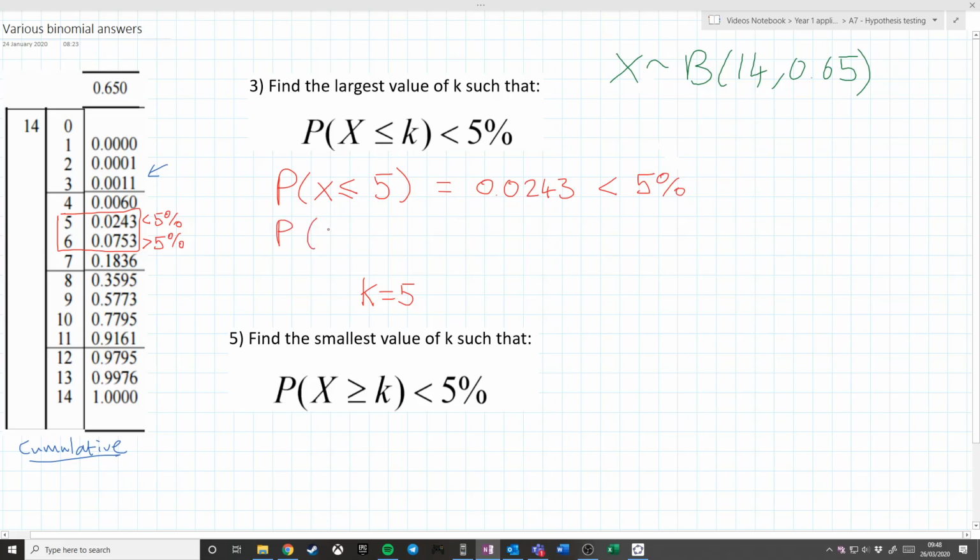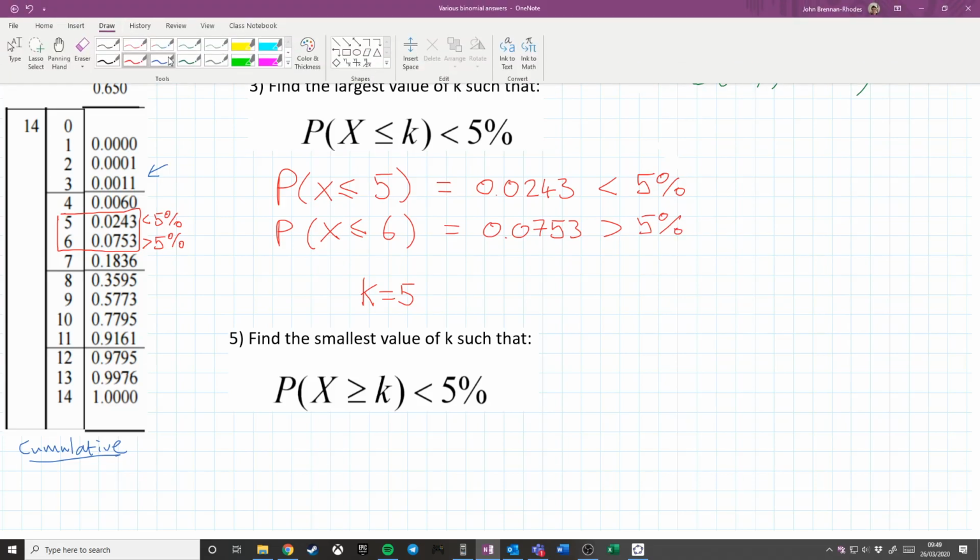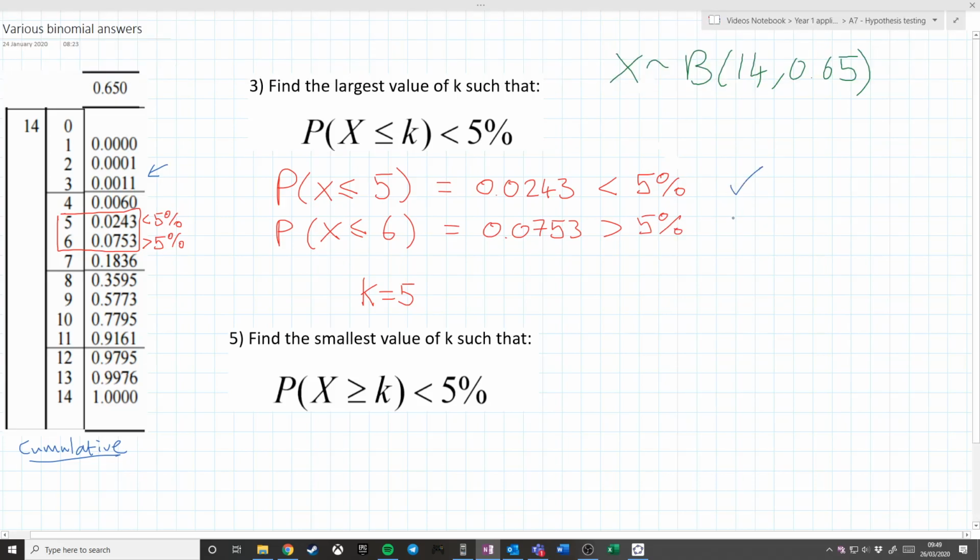The probability of x less than or equal to 6 is equal to 0.0753, and that is greater than 5%, so that's no good. So this is okay, and this is not good enough. Less than or equal to 4 is also not it, we could do better, and 5 is the answer.